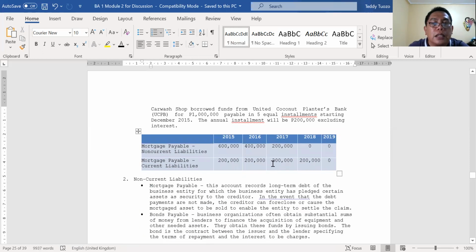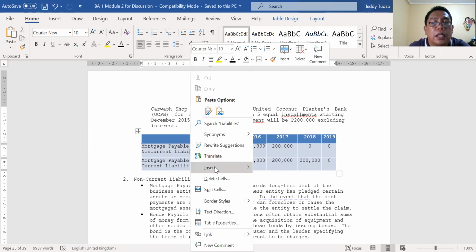Okay, next. For example, this 1 million pesos that I used as an example, payable at 200 pesos, excluding interest. How is it being shown in the statement of financial position?